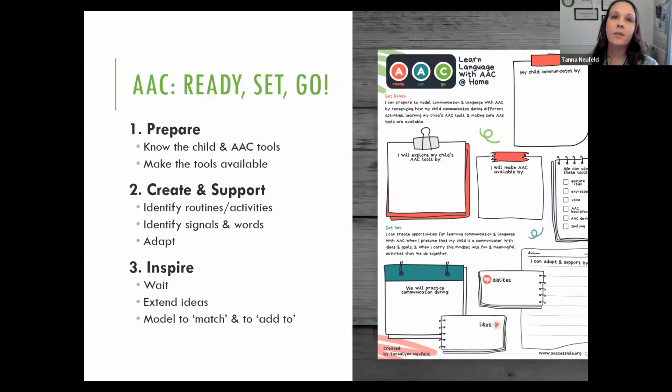So as we move through today, we're going to talk a lot more about how to identify the words, match them with the activities, adapt the interaction, and all of that. And it may seem like a little bit of a backwards process, that perhaps you'll need to go through all of that and make your plan for what you're going to teach and model, and then go back and make sure that you get the family prepared by helping them practice both with the child present, but also away from the child, so that they have some time and energy to use their cognitive effort to really locate some of the words that they're going to be teaching.